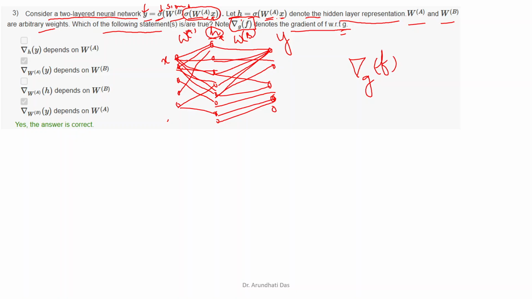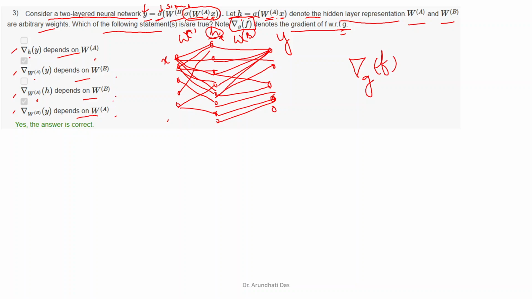Now if we see the options, we are finding some gradient parameter values, the gradient of some output value with respect to some other parameters, and we are trying to find out the dependency of that gradient calculation on these variables.